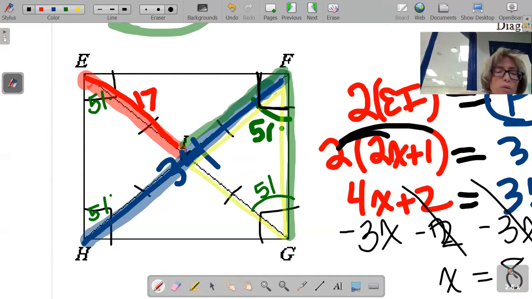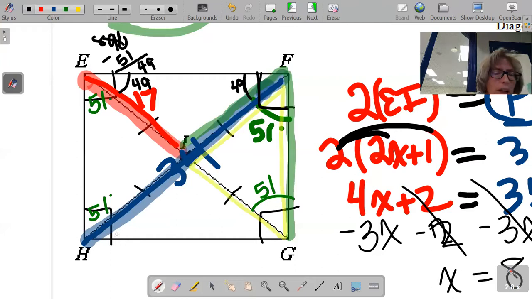And because of the 90, I can do 90 minus 51. And of course we get 49 here. 49 there as well, because 2 equal sides, 2 equal angles.